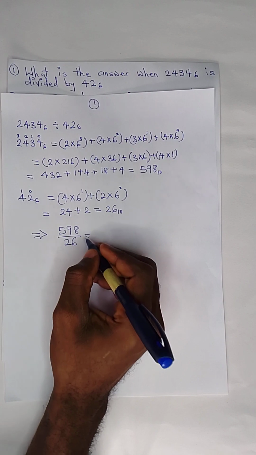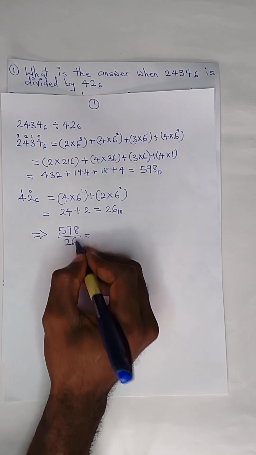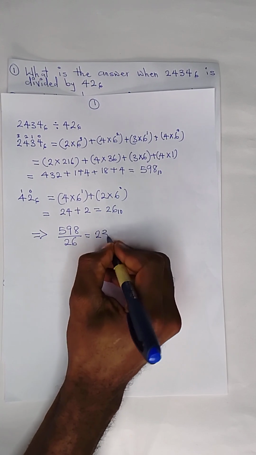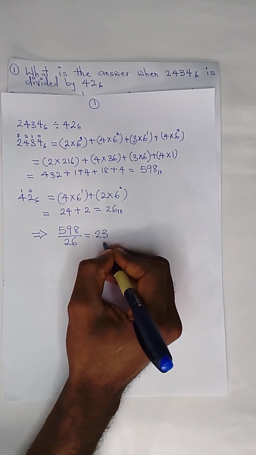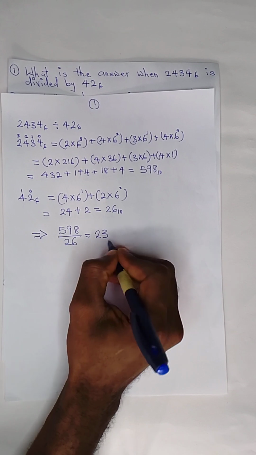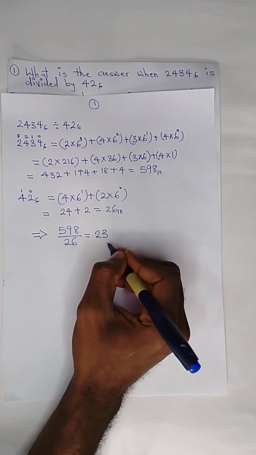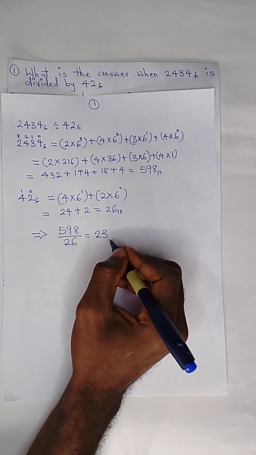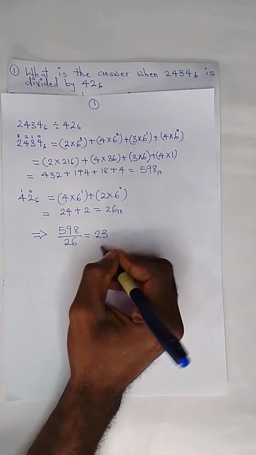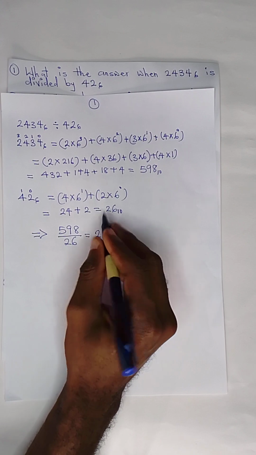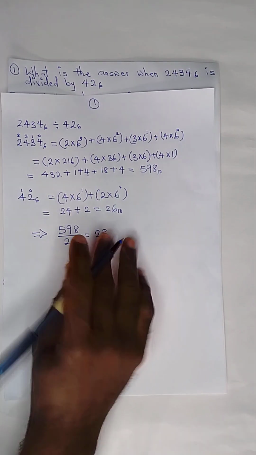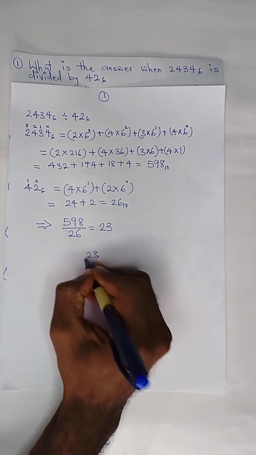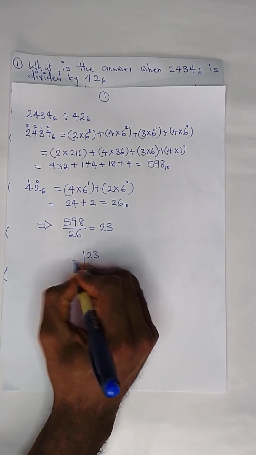By dividing 598 by 26, you are going to get 23. This 23 is in base 10, don't forget. So we are going to convert this 23 back to base 6 to get our final answer. How do you convert 23 to base 6? You just say 23 divided by 6.